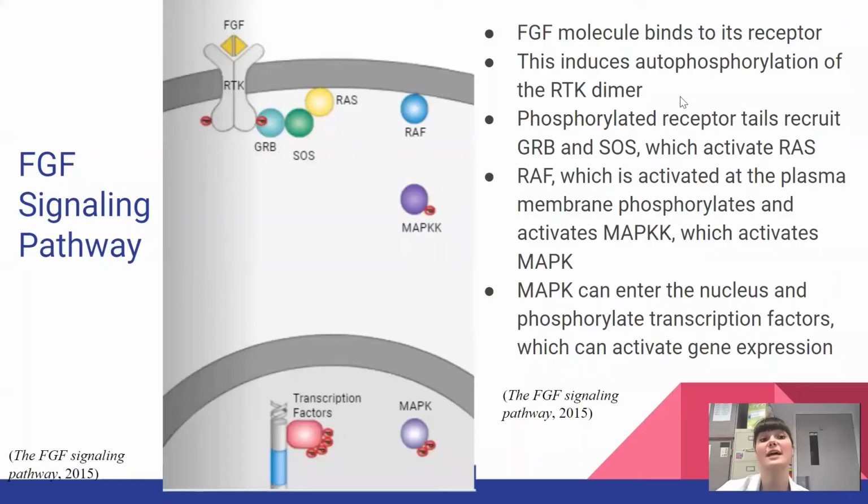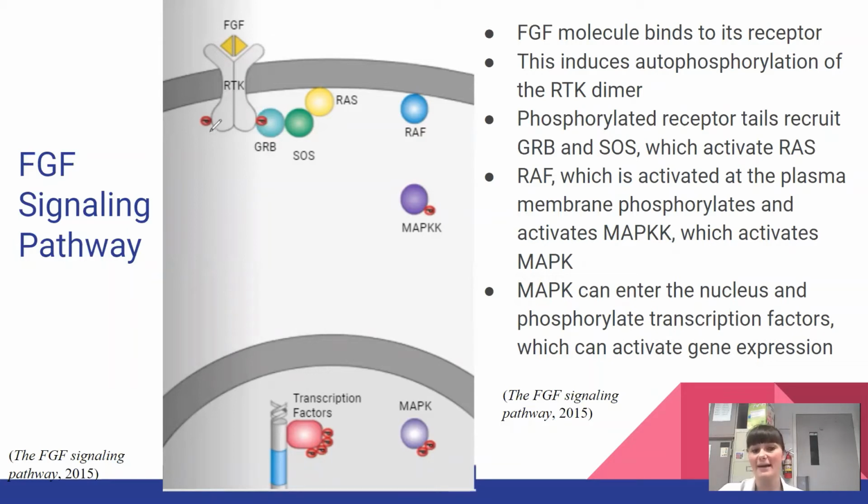Now I'd like to look directly at a particular signaling pathway that is activated by an RTK. Up here on the top left, we see that yellow two-triangle-shaped ligand binding to the RTK molecule and having that phosphorylated active complex.